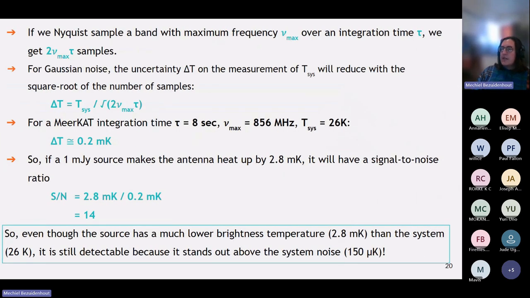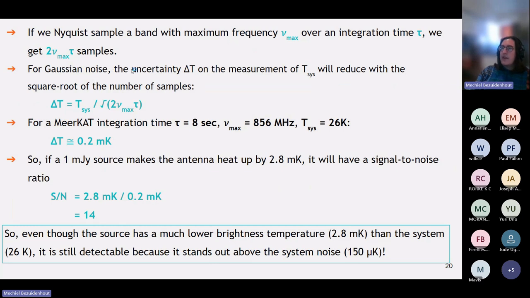So let's do some more sums. If we Nyquist sample a band with a maximum frequency nu max over an integration time tau, then we get 2 times nu max, that's the Nyquist frequency, times tau number of samples.